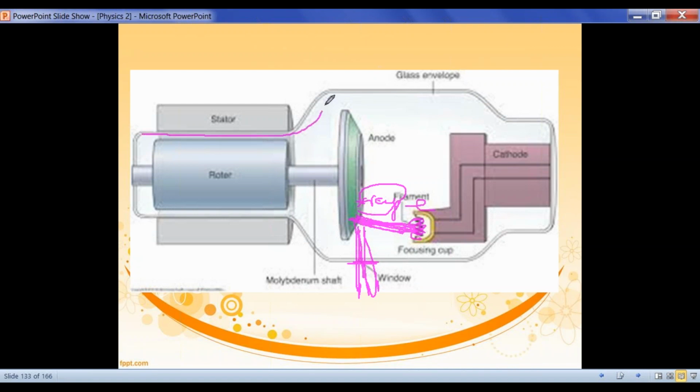Dito po, equal po yung thickness ng buong envelope. Yung part po dito sa window, ito po yung manipis na part. Bakit manipis? Para po, nasabi natin sa last session natin, to allow the X-rays to pass through. So, this part is made of aluminum. Okay?